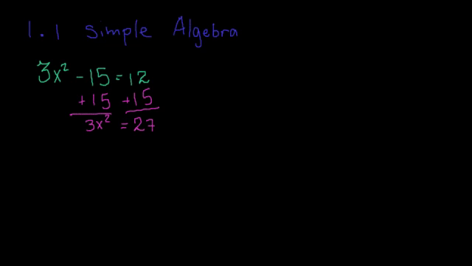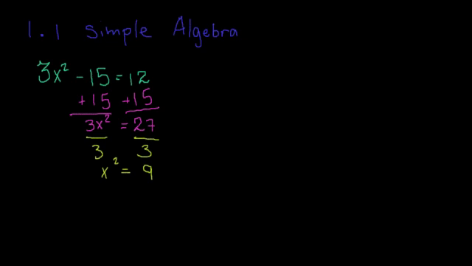Now we want to continue by dividing everything by 3, so we can get the x all alone. So that's x squared equals 27 over 3.